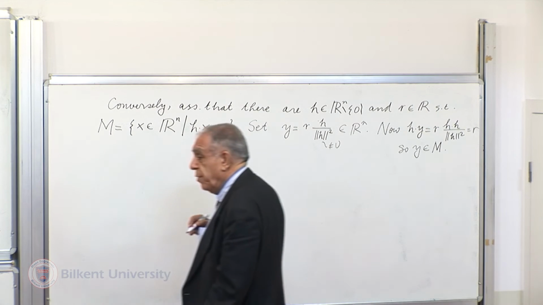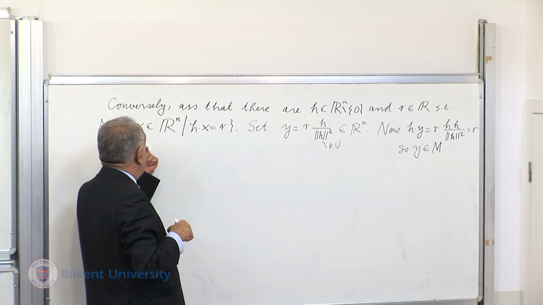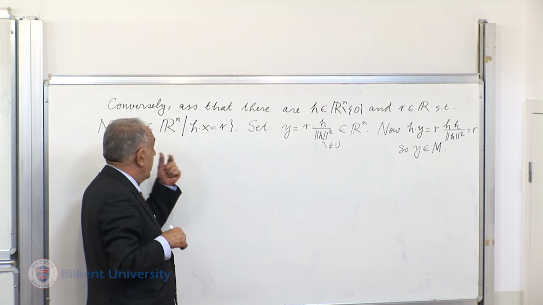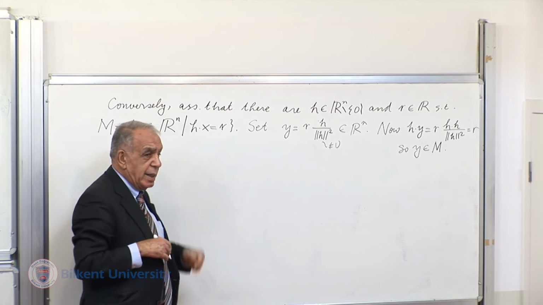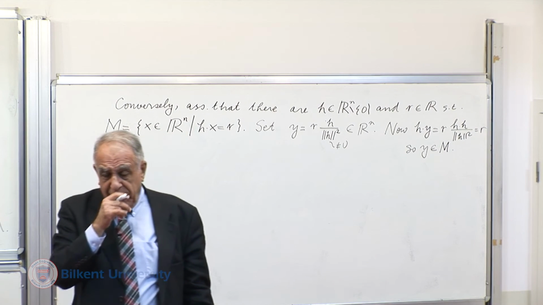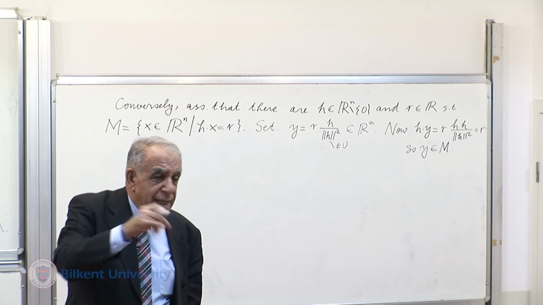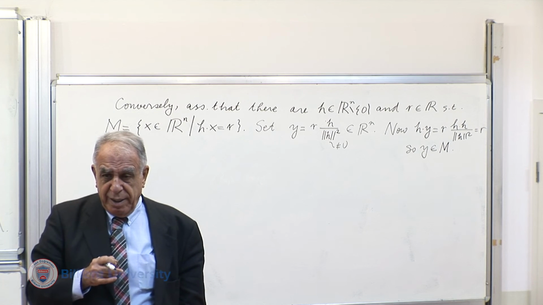Now, in order to find an appropriate n-1 dimensional subspace, well, here h dot x is equal to r, but let's consider the map on Rn to R, which sends each x in Rn to h dot x.